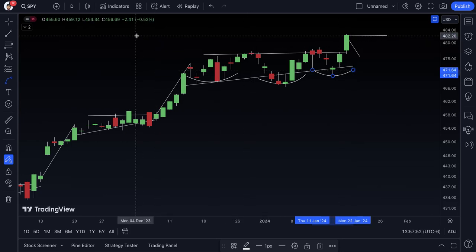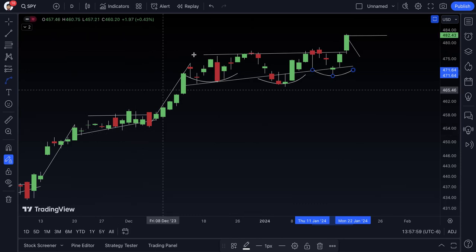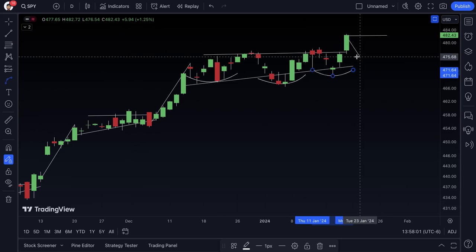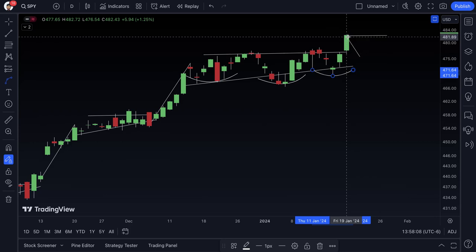An inverted head and shoulder is a bullish pattern. A bull flag is a bullish continuation pattern. Both of those patterns are saying higher, and we're saying higher with, again, strong volume, strong momentum, great conviction. So that's where we're headed to next on SPY. That's my SPY breakdown.